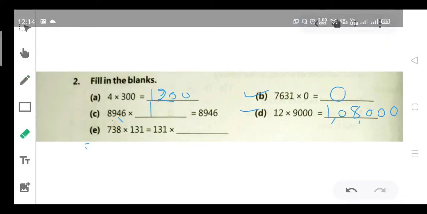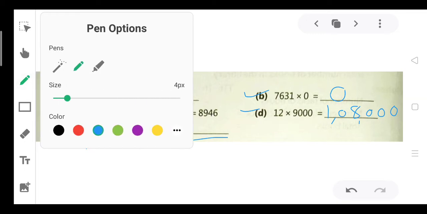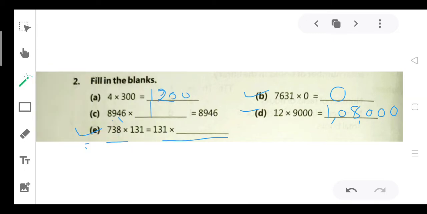Next one is E part, last. 731 multiplied by 131 is equal to 131 multiplied by dash. See students, what we have to do here.